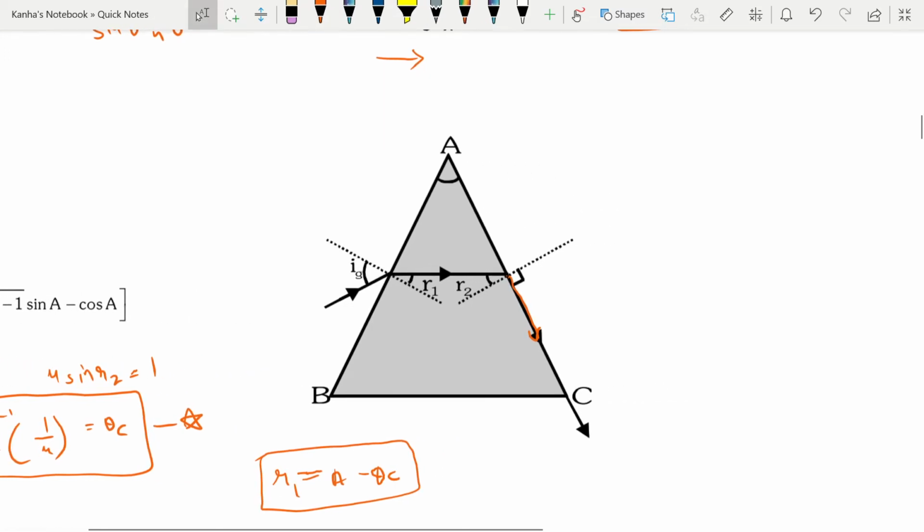So if I apply this at the first face AB, I get 1 into sine Ig is equal to mu sine R1.